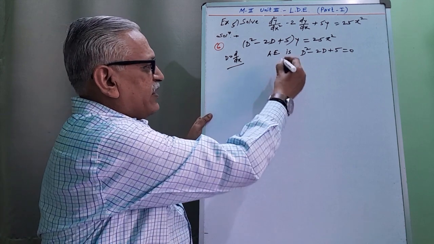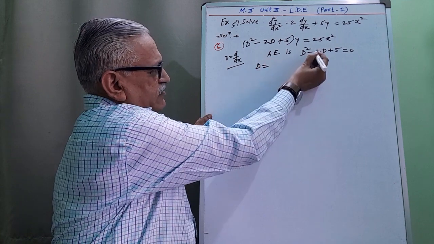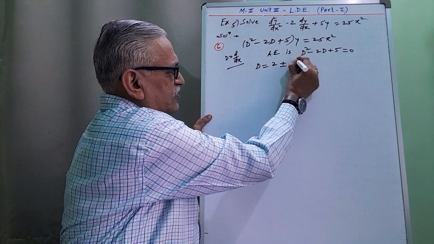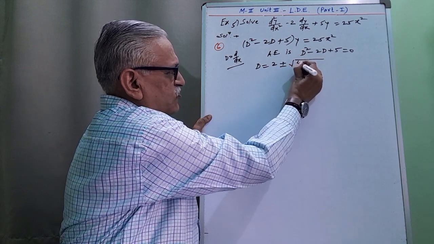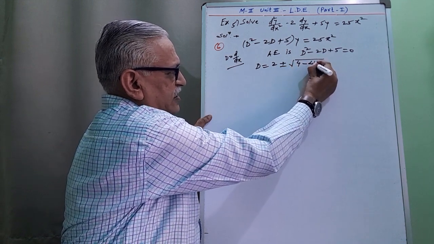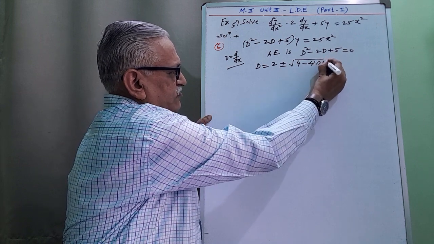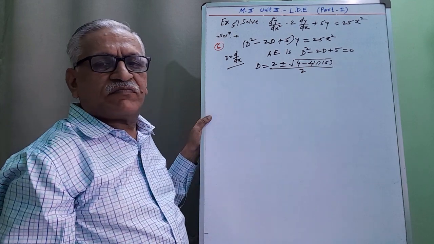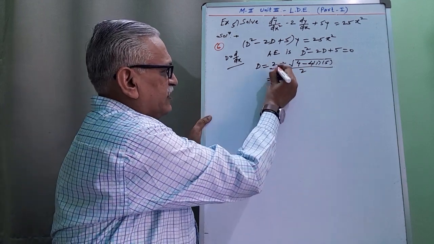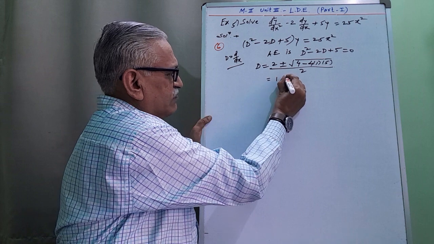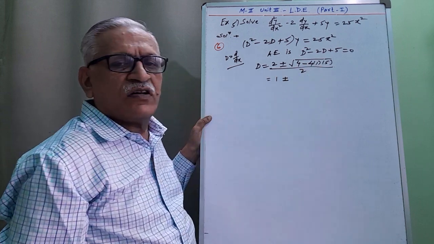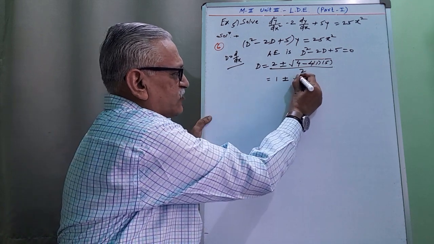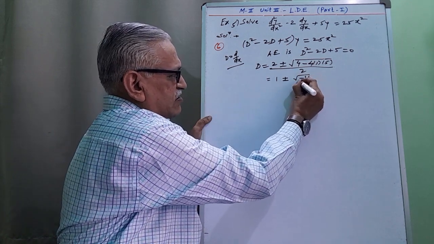Therefore, applying the formula, minus b, minus of minus 2 we get plus 2, plus minus root of b square, minus 2 square 4, minus 4 times ac, a is 1 and c is 5, and divided by 2a, 2 into 1. Simplifying it, we get 2 by 2, that is 1, plus minus root of 4 minus 20. 4 minus 20 we will get root of minus 16 and by 2.